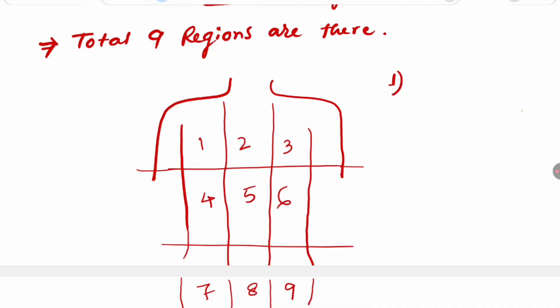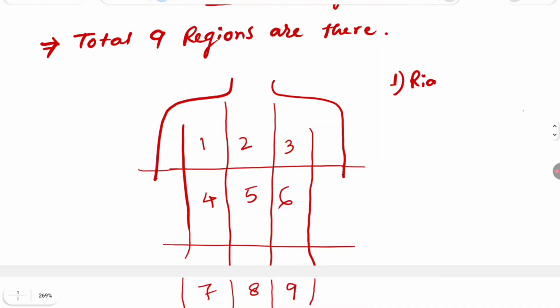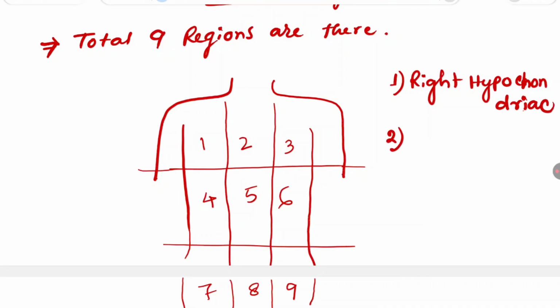First one is, because this is on the right side, the right hypochondriac region. Second one is the epigastric region.